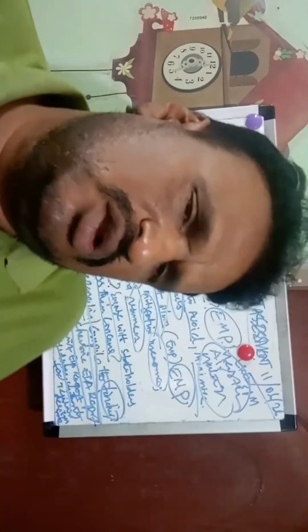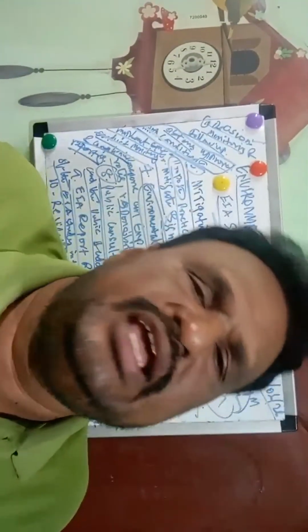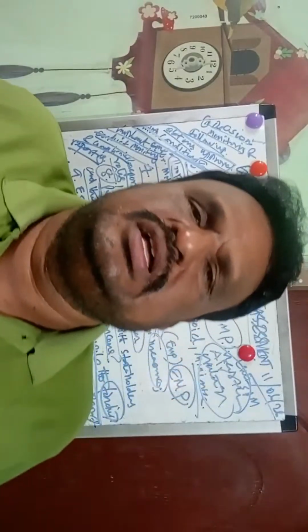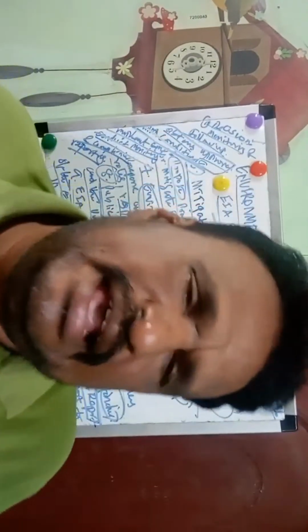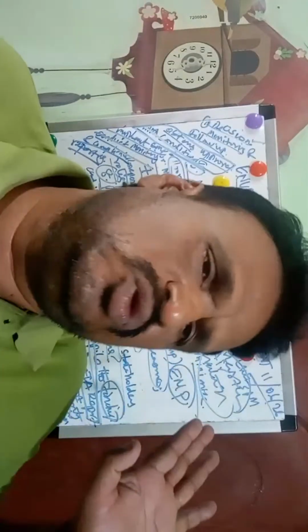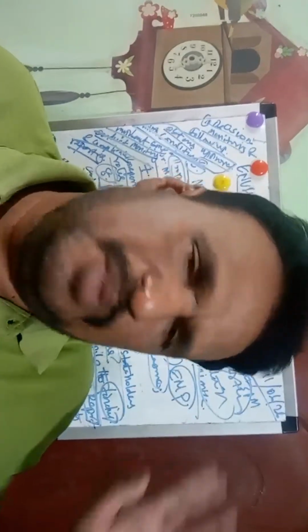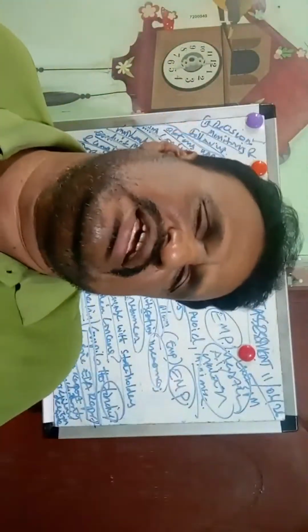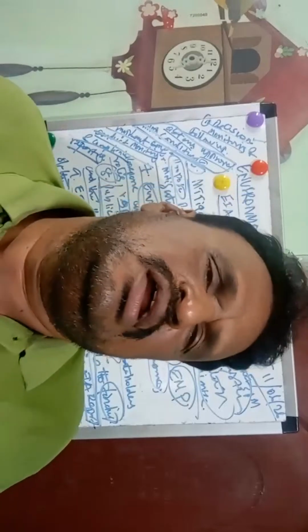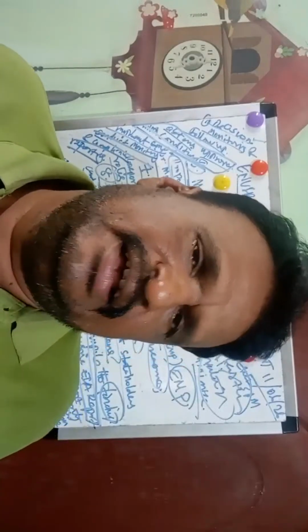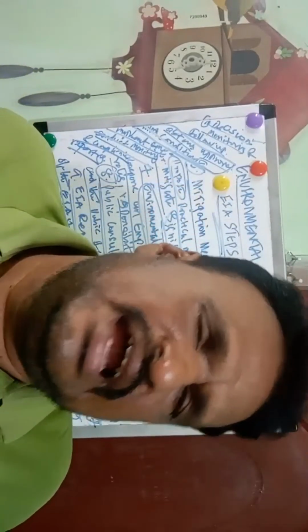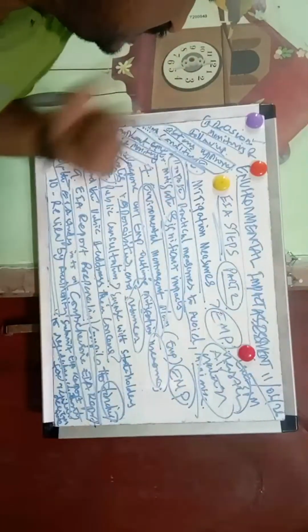But those who don't have knowledge about EIA reports can easily go through our videos and information. These videos and live sessions will definitely give you more knowledge about the EIA. It is a simple process. It starts with the screening and ends with the decision.